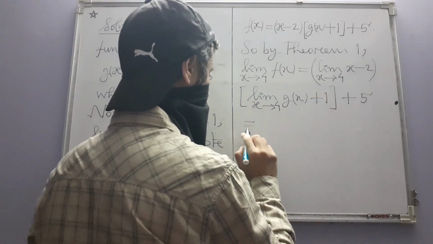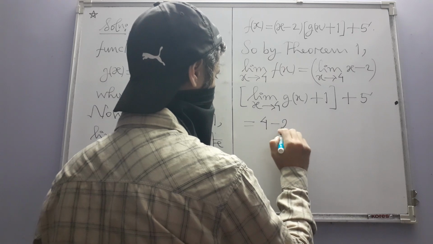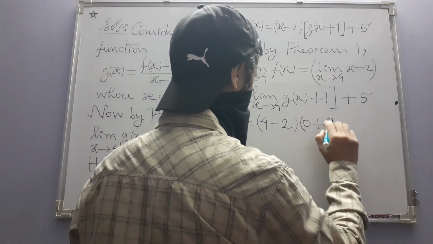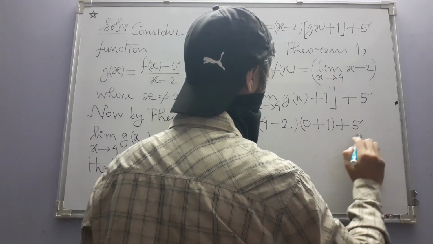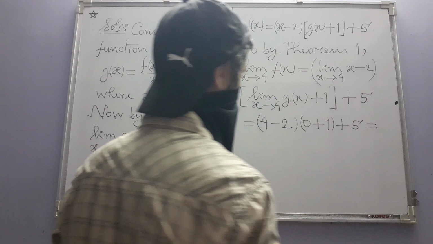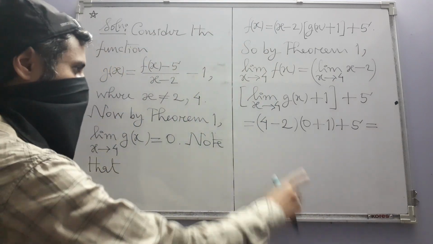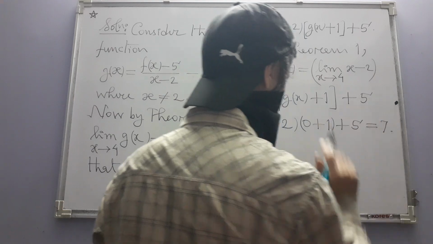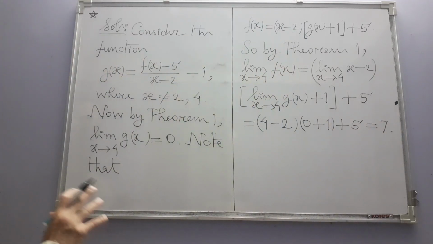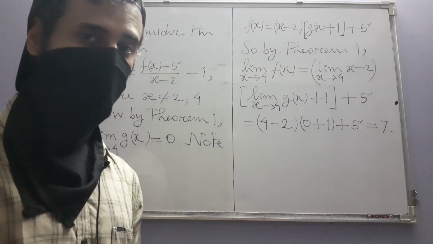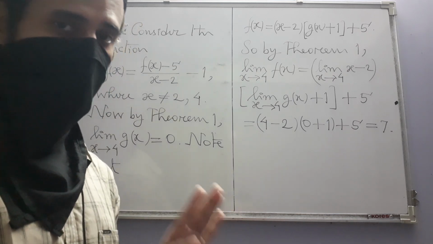So now we just have to put the values. So this will be what? 4 minus 2 is 2, 2 times 1 is 2, plus 5, 7. So you see that this subtle thing of being or not being able to apply theorem 1 is actually a thing.